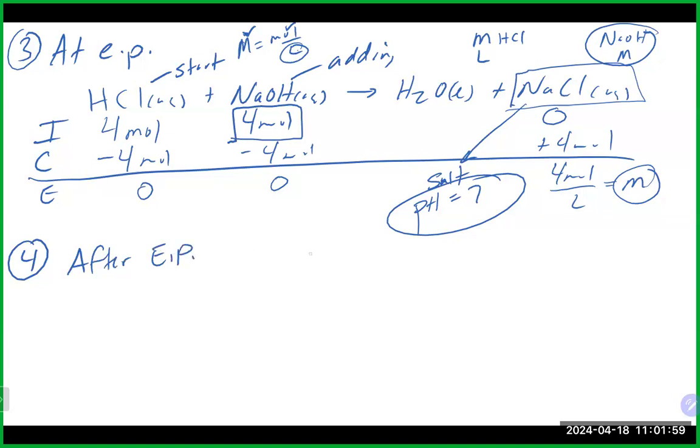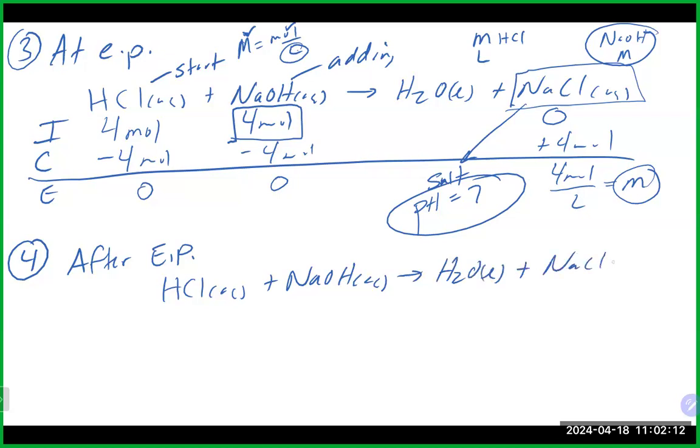we are still going to get our reaction that's going to occur between HCl and sodium hydroxide. Still going to give us water and sodium chloride. Again, we're starting with this guy. We are adding this guy. Again, here I'm going to use my initial moles of 4.